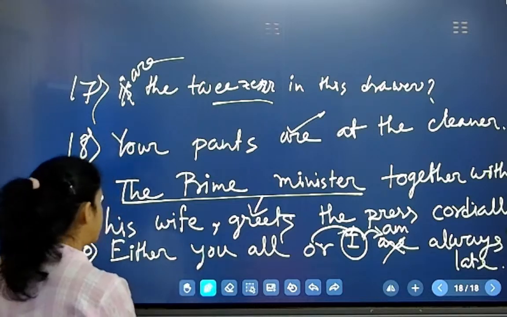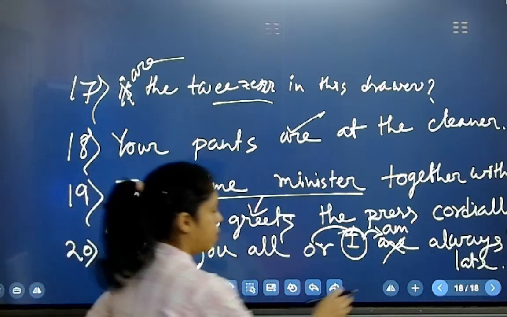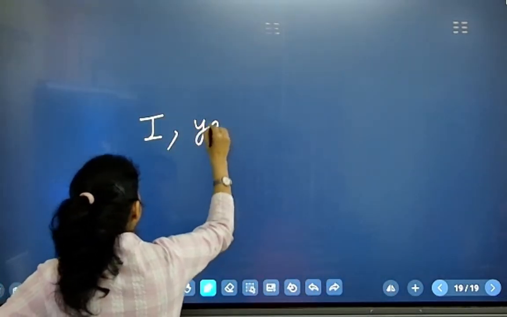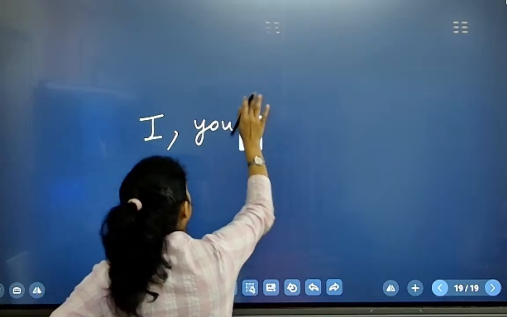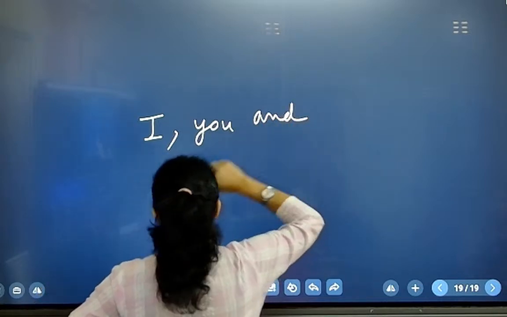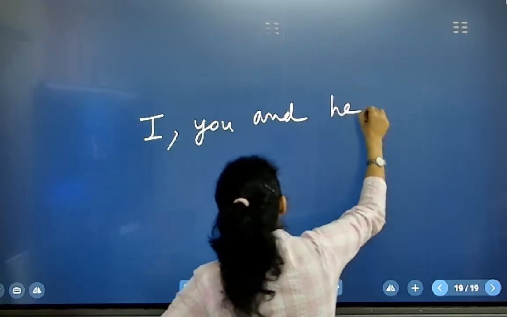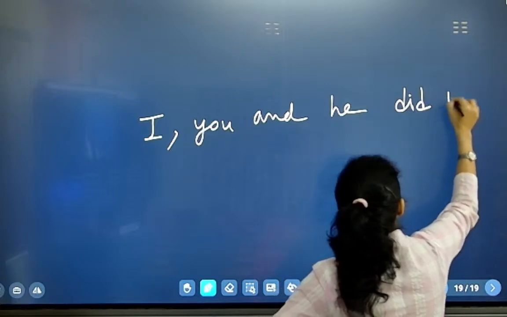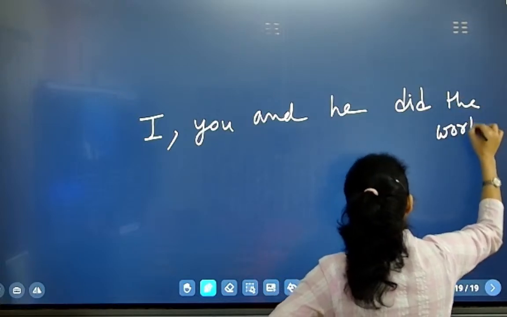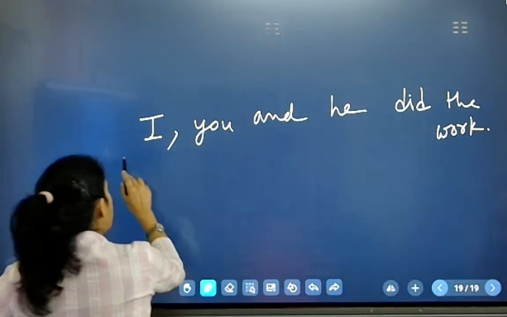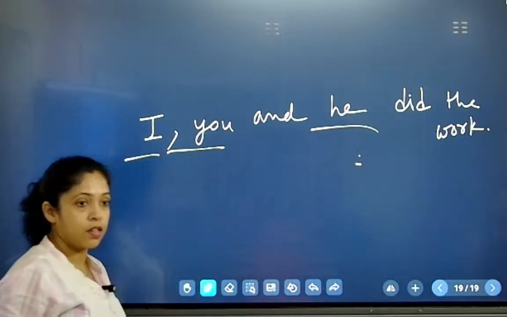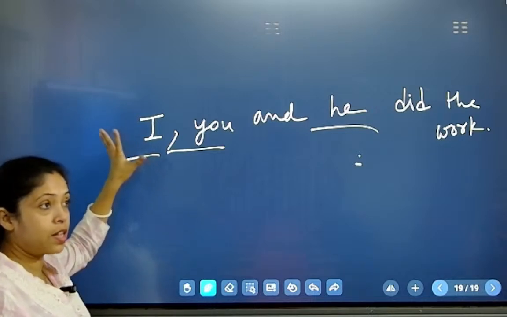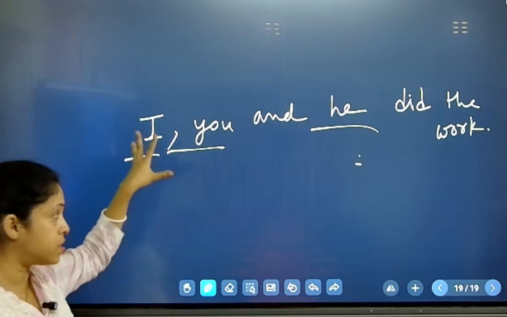Suppose I'm telling you one more thing that you should know, about three persons. A general-based question: suppose three of the persons are present in a sentence. There is a particular order in which we use the persons in a sentence.